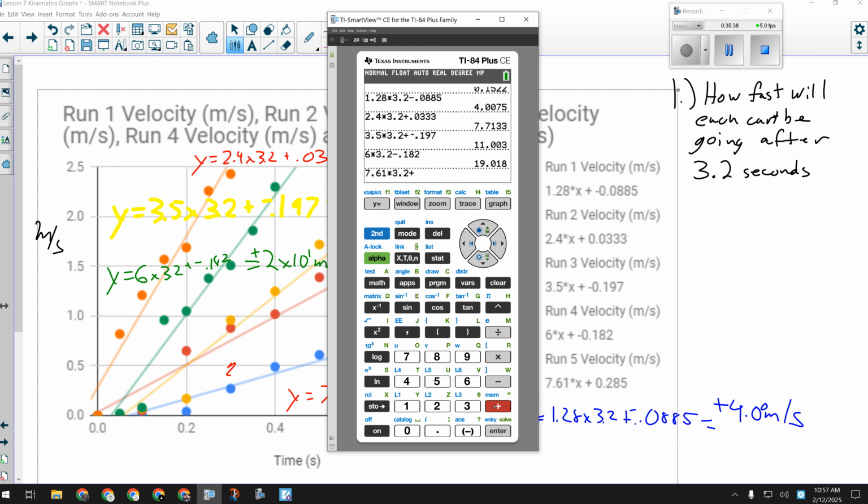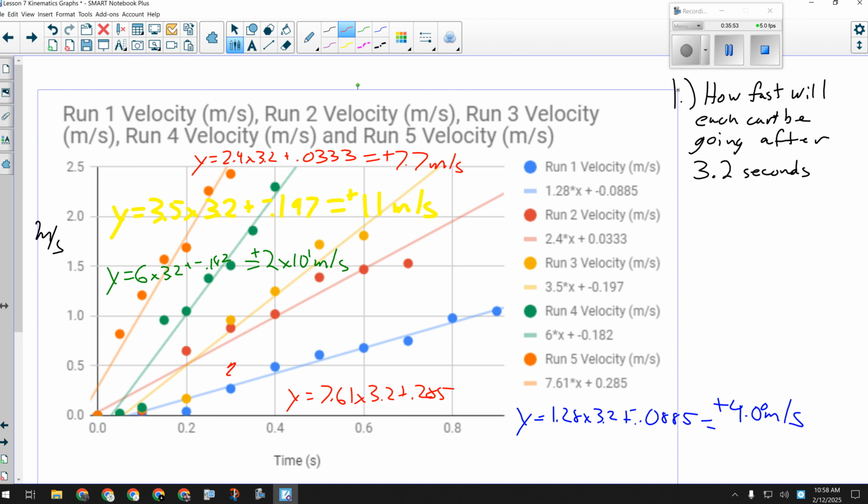Plus 0.285. Okay, 24.6, so 25 meters per second.